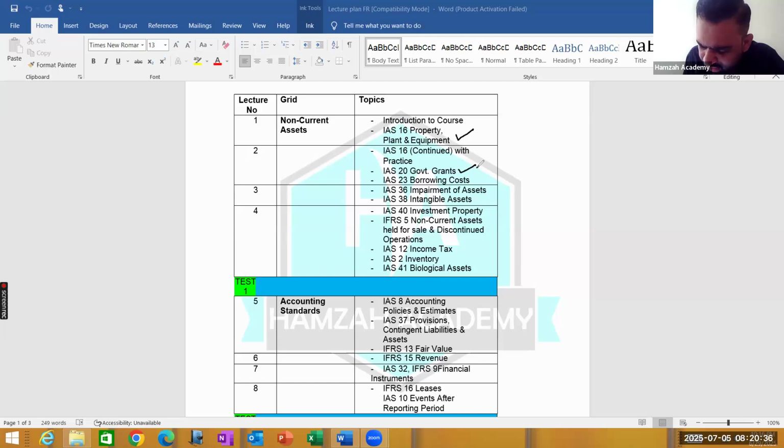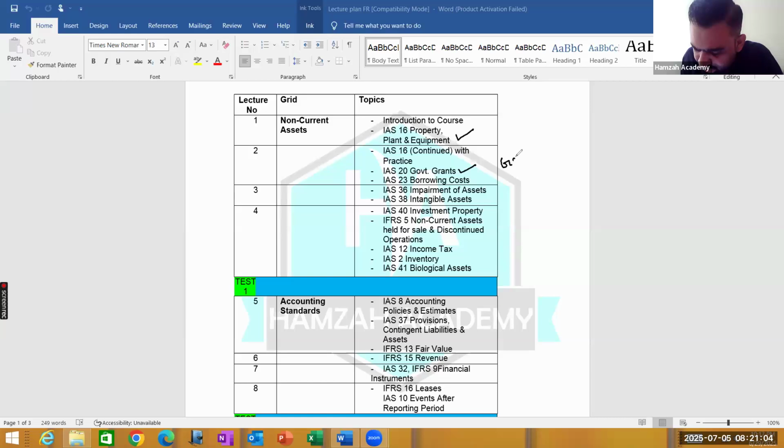A government grant is basically help for an entity by the government or from any agency recognized by the government.